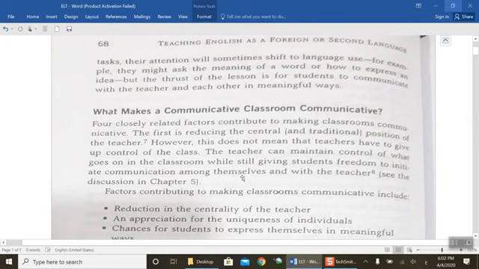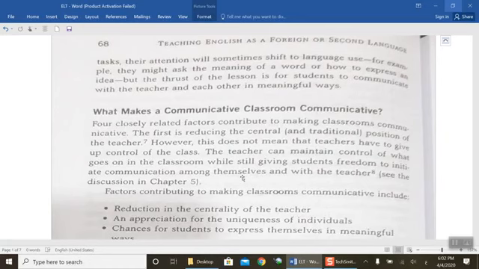So in summary, these points talk about the teacher's role inside the class, and the teacher's role should be reduced, diminished. And the students should be given a chance to speak with each other, to communicate with each other and with the teacher.